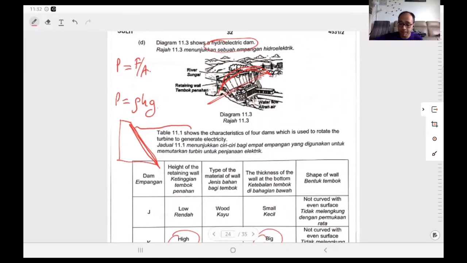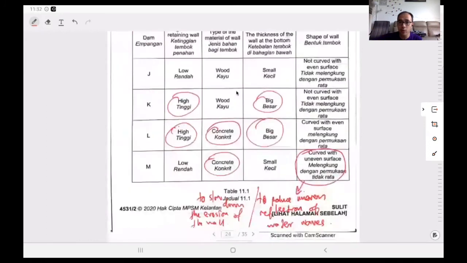So it's better. But why is it that we want uneven and not even? Because the more even your surface, the better the reflection will be. And the better the reflection, the water comes in and is reflected back and collides with the rest of the water. We want to reduce that effect, so we have an uneven surface.